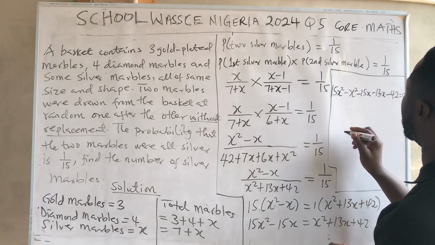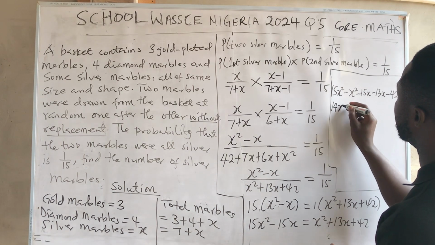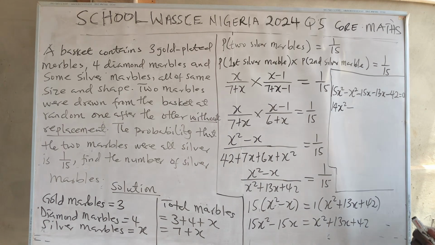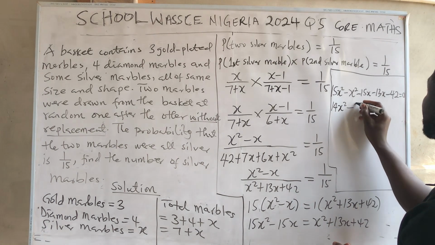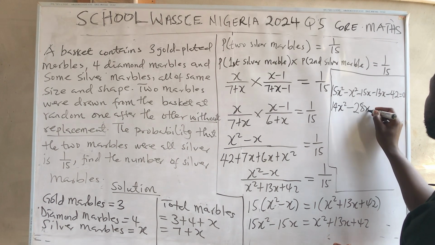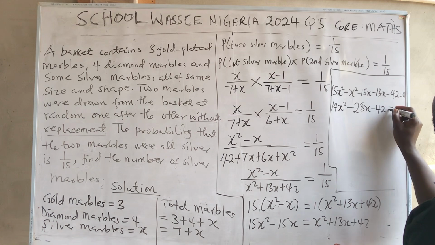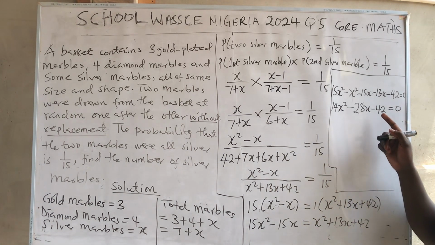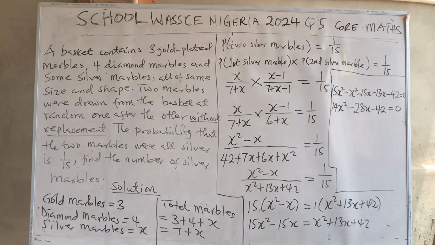So 15s squared minus s squared will give us 14s squared, minus 15 minus 13 will give us minus 28x, minus 42 to be equal to 0. Alright, so we have 14s squared minus 28x minus 42 equal to 0.